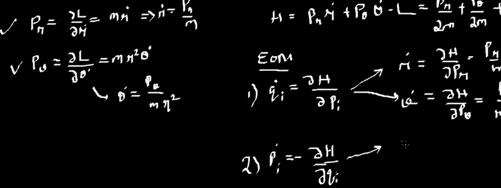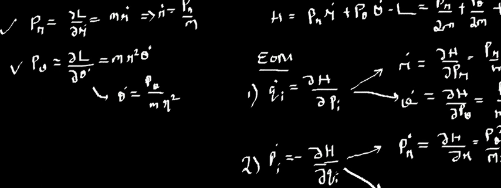So the first one is P1, and P1 means P_r. So P_r dot equals minus del H divided by del r, and you will get this complicated expression, which is P theta square divided by m r cube minus dV by dr.